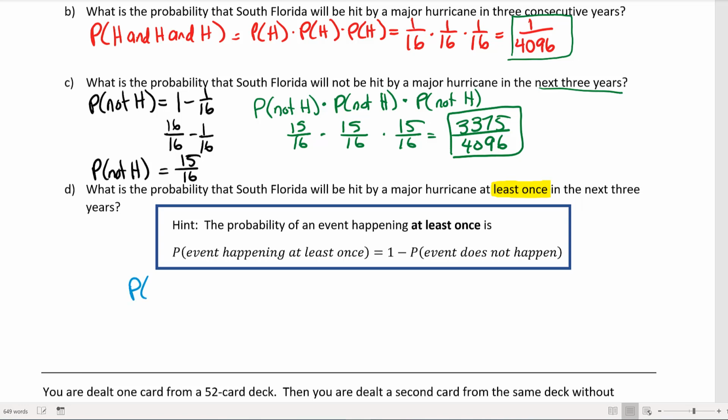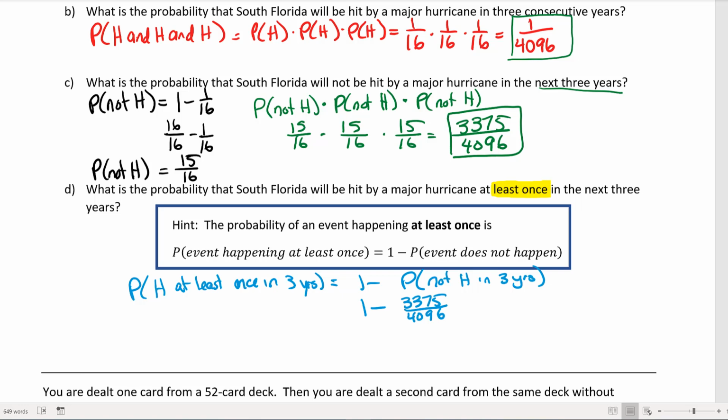So if I'm trying to find the probability of a hurricane at least once in 3 years, I'm going to take 1 minus the probability of not a hurricane in 3 years, which happens to be the answer to Part C. So I'm going to take 1 minus my answer to Part C, because we know that Part C is it didn't ever happen.